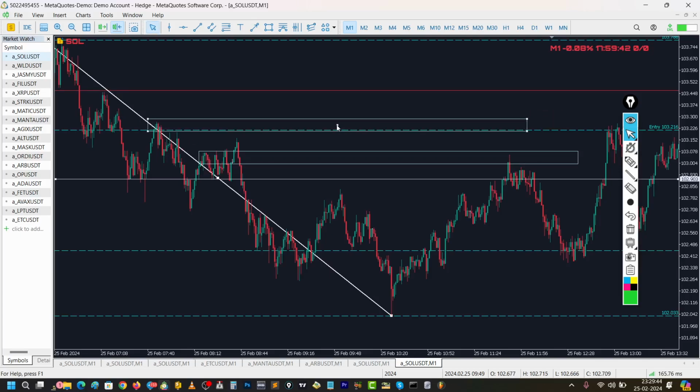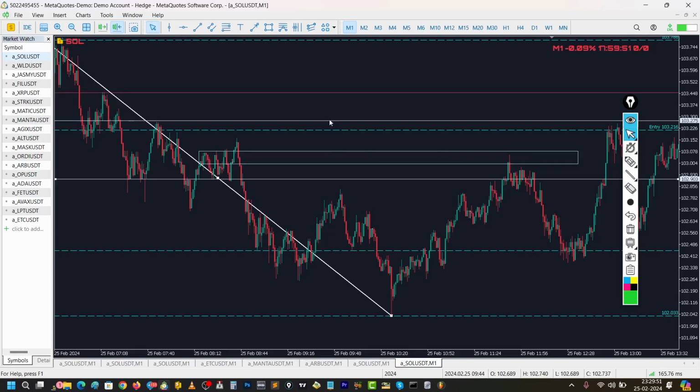So let's say this is your stop loss and this is your entry. You can see it's already giving you more than 1:2. This is your risk area, you are making 1:2.